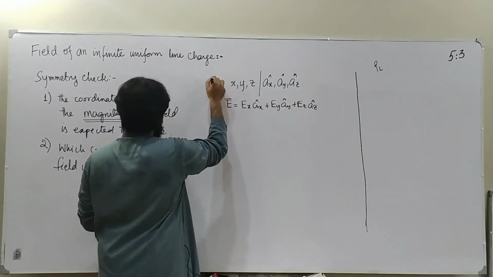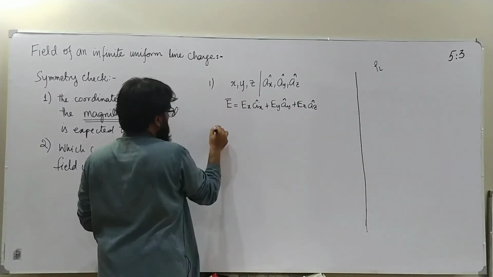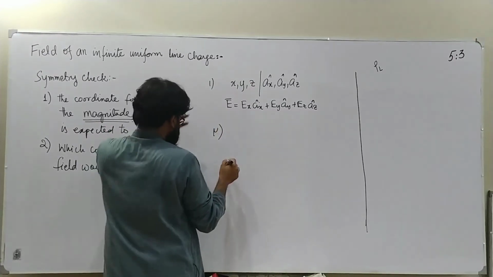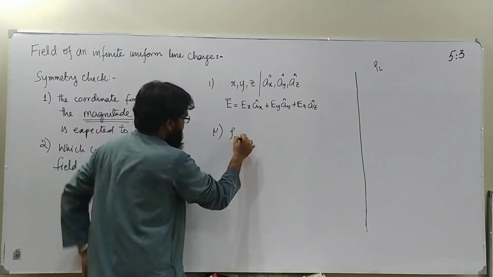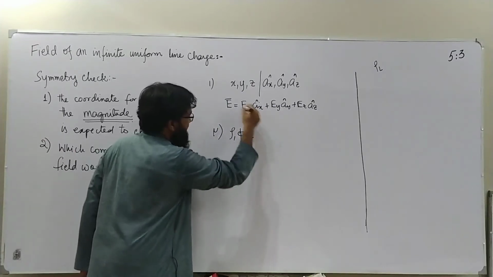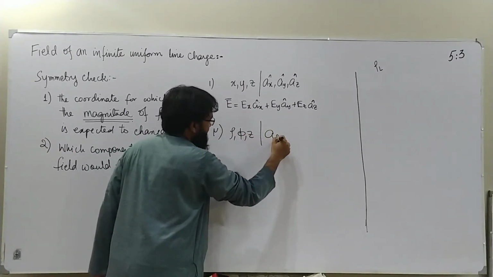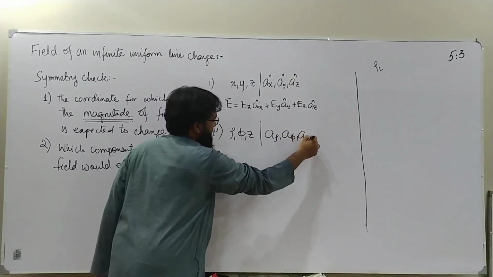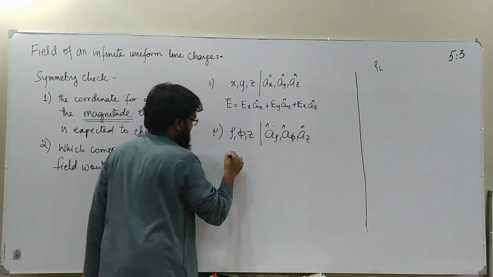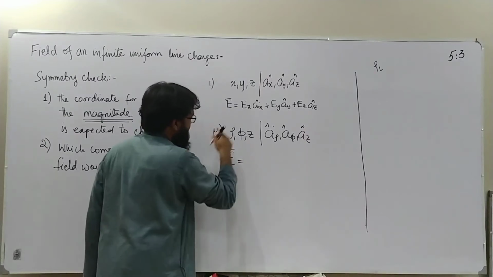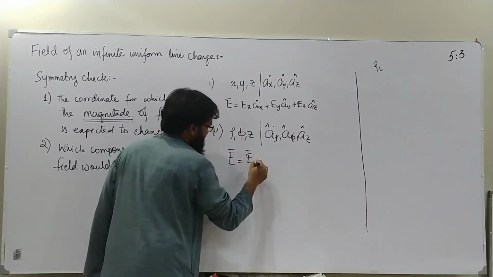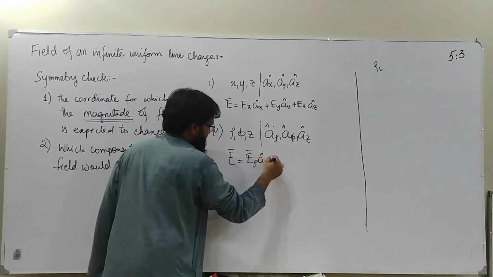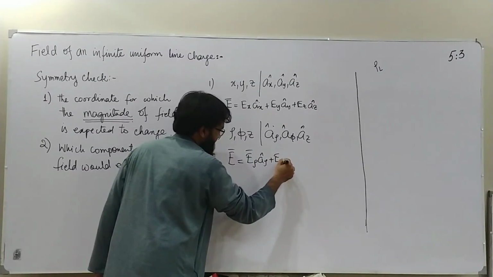And option number 2 is to use cylindrical coordinate system, in which we have got these coordinates, and we have got these unit vectors. So what should we expect? We should expect a formula for electric field like this.